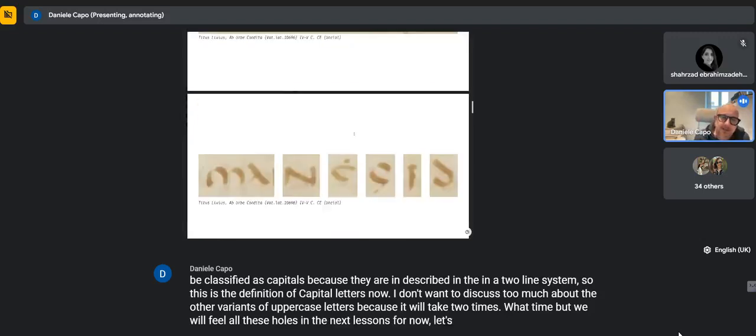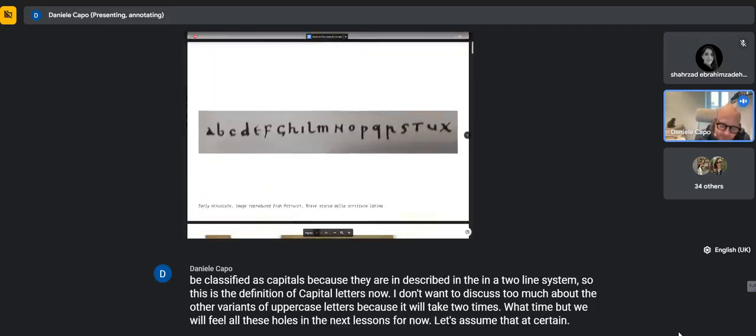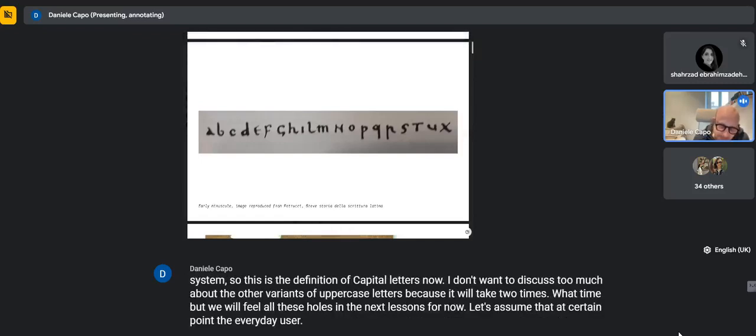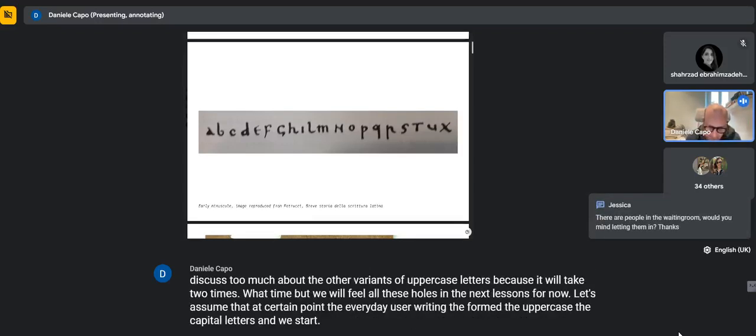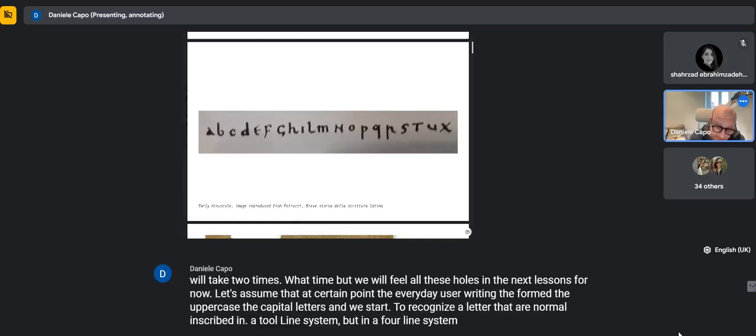For now, let's assume that at a certain point, everyday writing deformed the capital letters, and we start to recognize letters that are no longer inscribed in a two-line system, but in a four-line system.